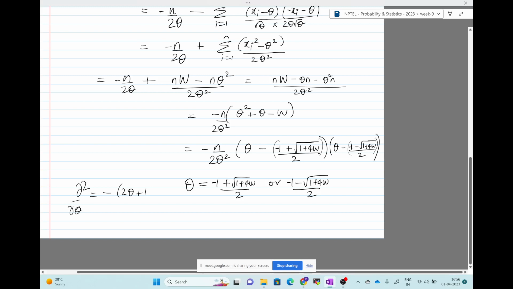So for the maxima we want the double derivative to be negative, right? Yes. So we have minus times this thing. So we want the double derivative of the inside part to be positive, then minus 1. Okay. So if we substitute this theta, we'll get positive, right?